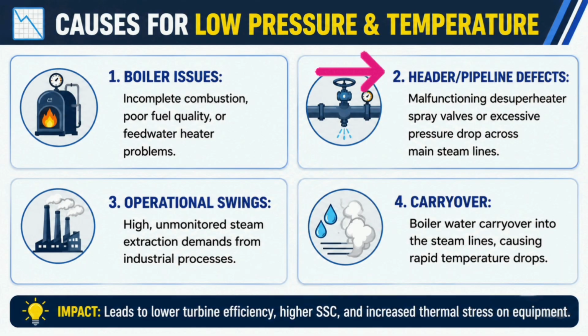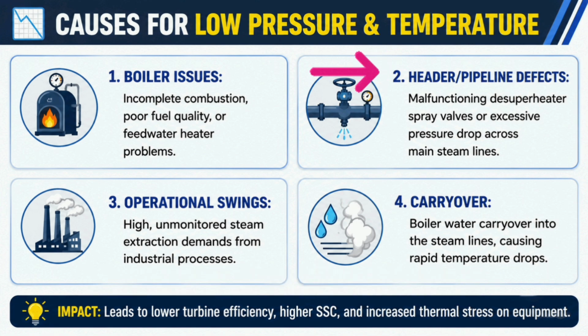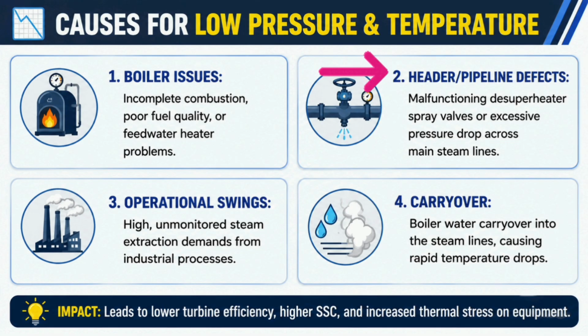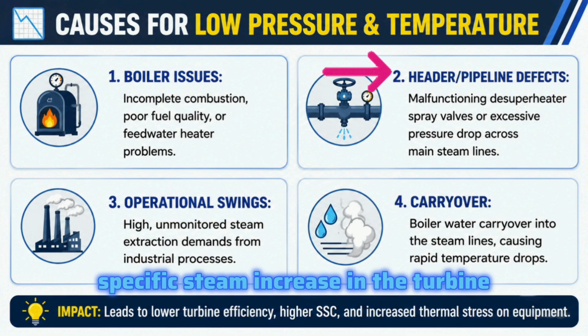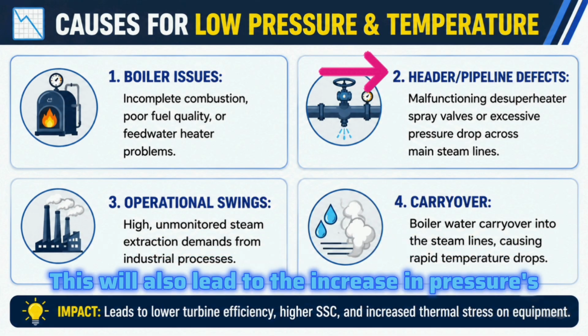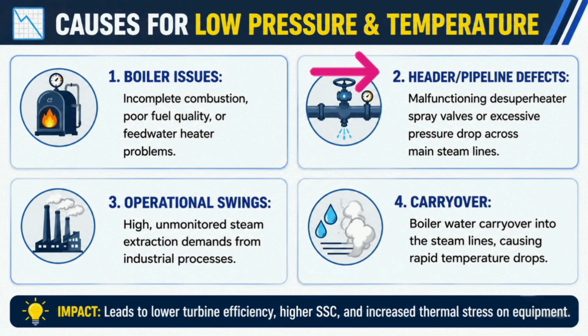This spray automatically reduces the pressure and temperature of the main steam. Again, this will lead to an increase in the specific steam of the turbine. Another reason is the pressure drop in the main steam line. This will also lead to an increase in the specific steam consumption of the turbine.